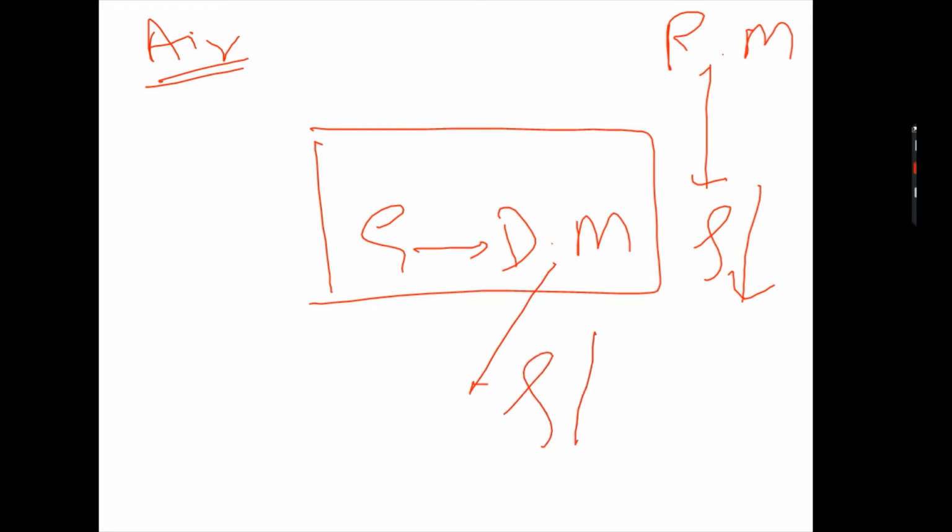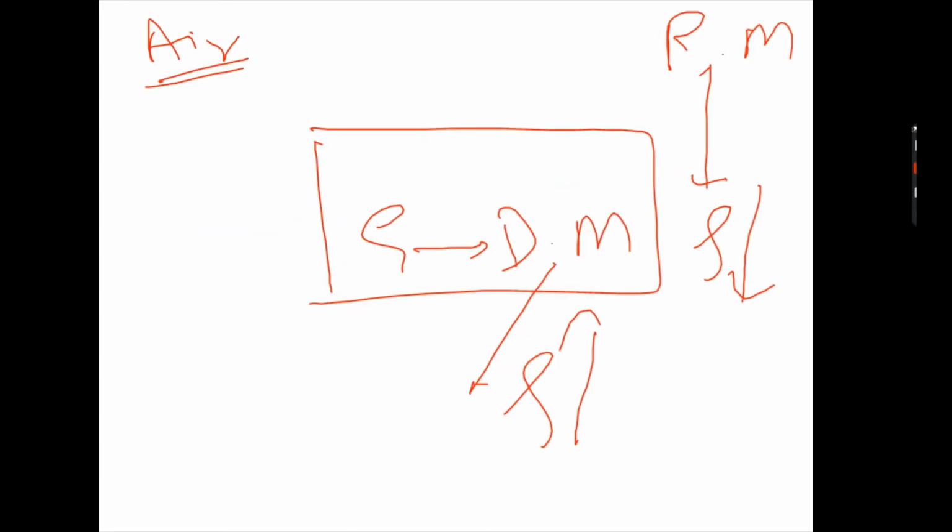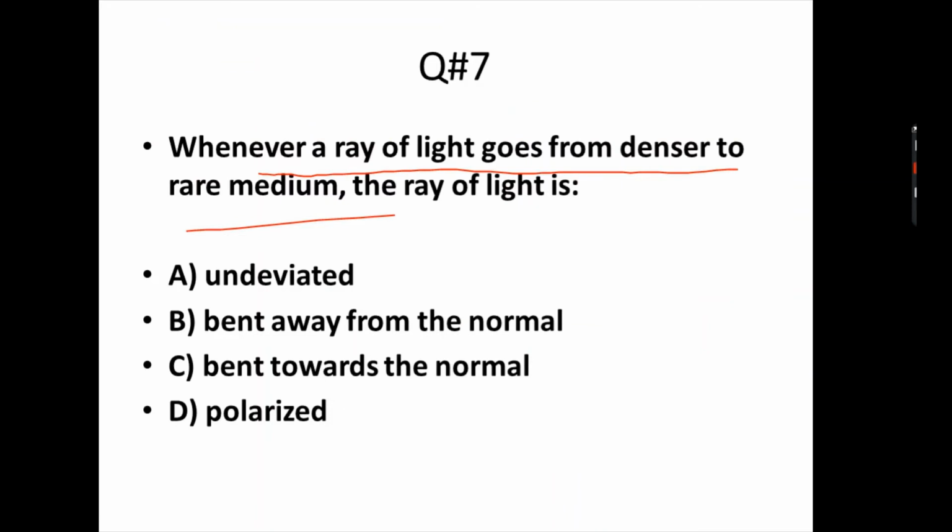Denser medium means density is high. The question is, whenever a ray of light goes from denser to rare medium, whenever light goes from glass to the air, it always bends away from the normal. Away from the normal. Got it? The right option is bent away from the normal.